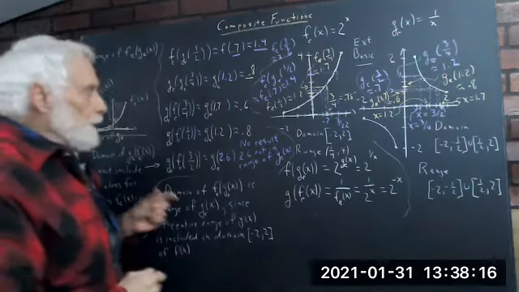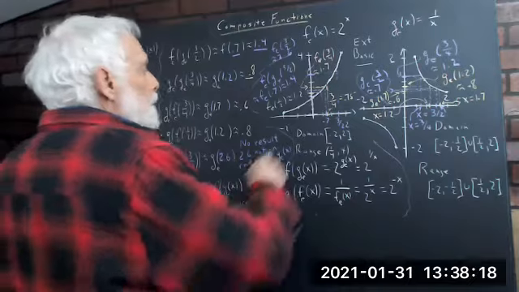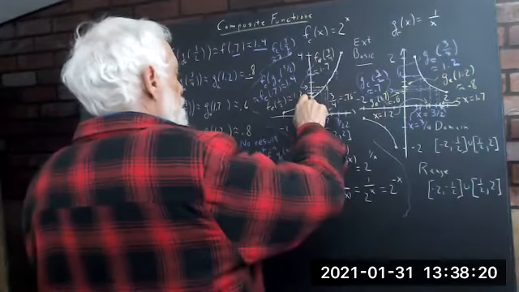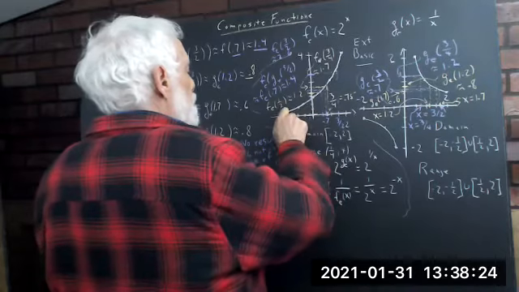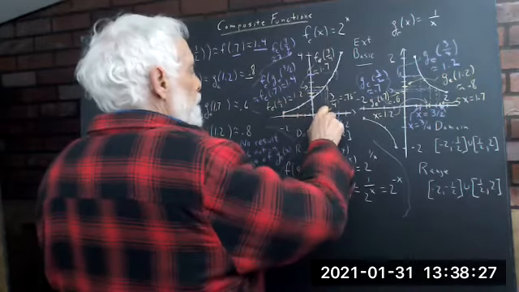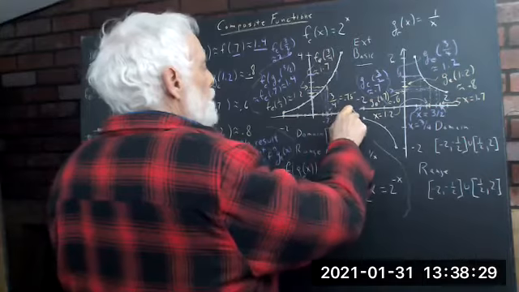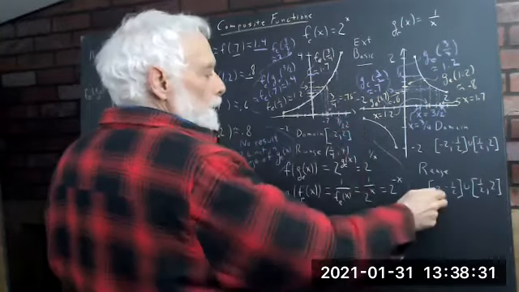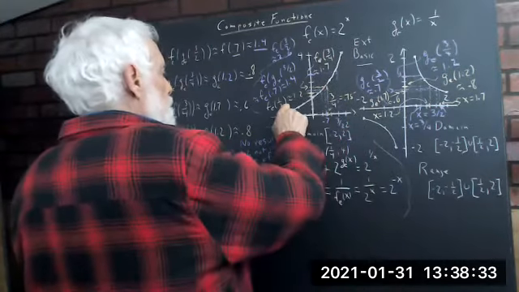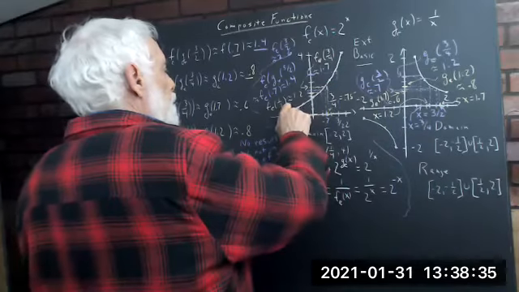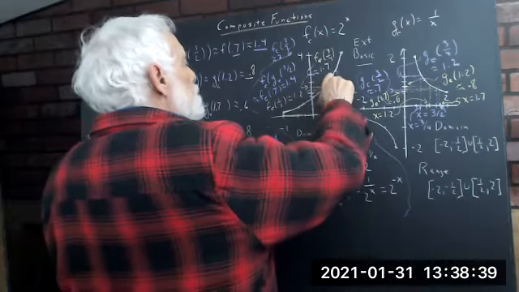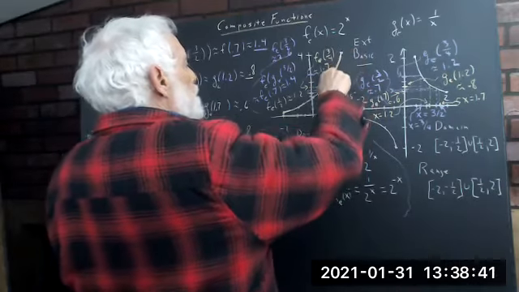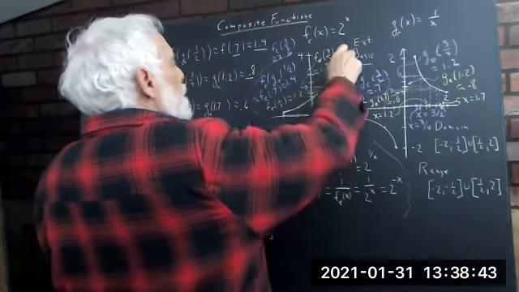Now, if I did that over here, it'd be a little clearer. So here and here, you get the range of g_E of x. So the function f_E of g_E of x is just this.